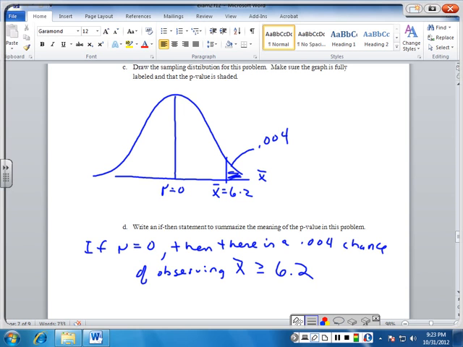So if H0 is true, then we would almost never get a mean as high or higher than the mean that we did actually obtain. Of course, that's small, which would lead to rejecting H0, which is what we did.